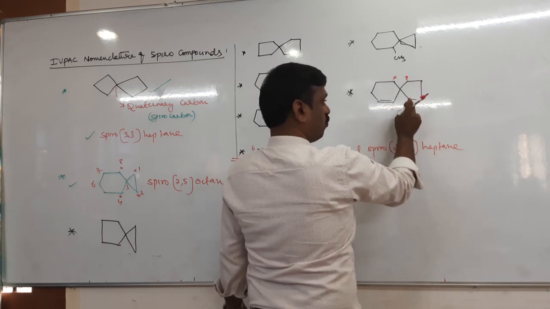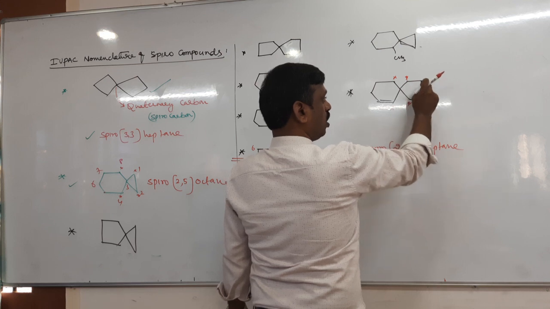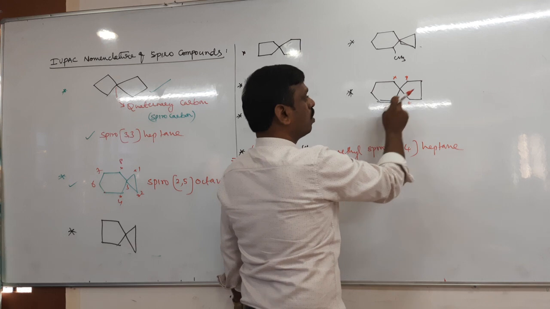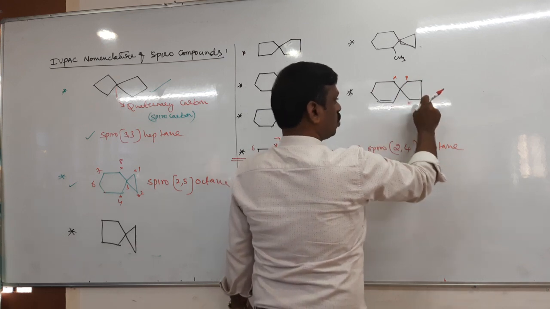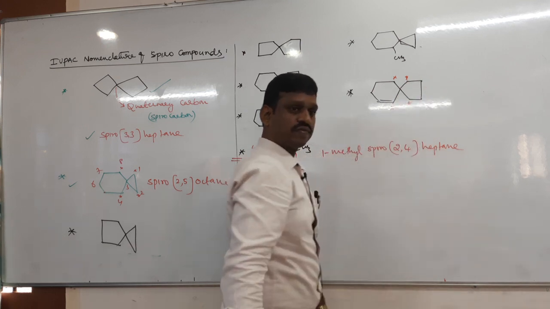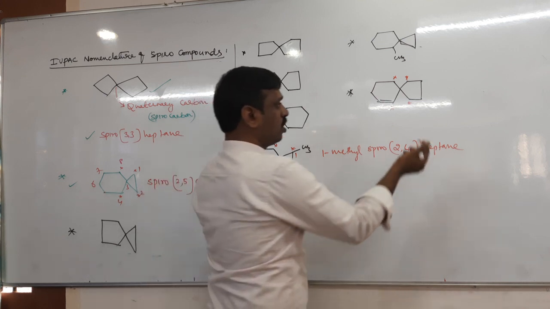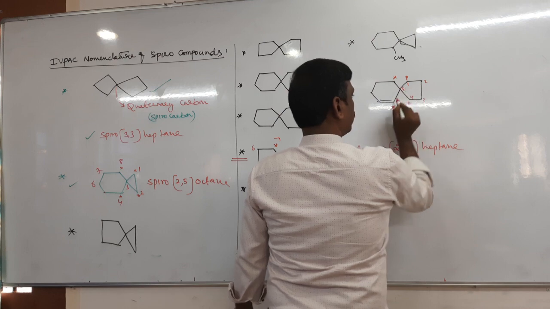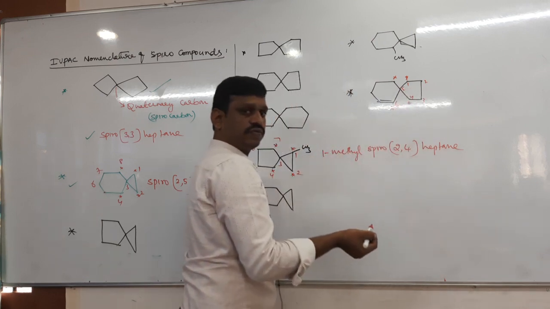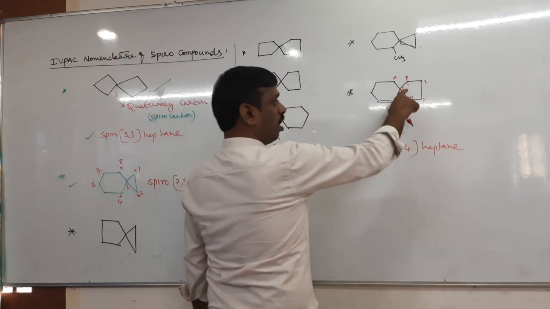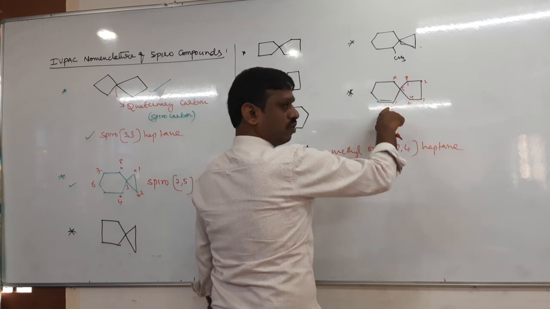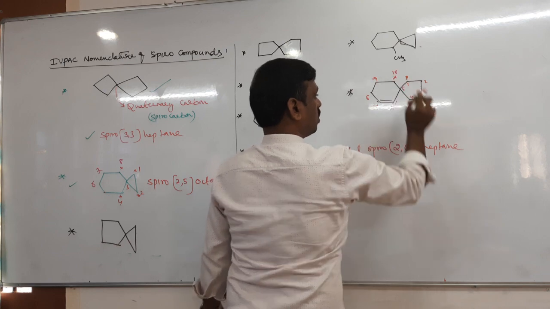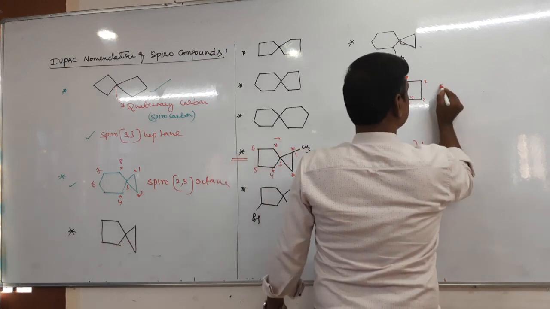And here, suppose if you take 1, 2, 3, 4, 5, 6, yes or no? It will get the same. That's why I'll take 1, 2, 3, 4. This is 5. I'll take 6 here. After 5, 6 can be given here, no? Then 7, 8, 9, 10. Then it is a spiro.